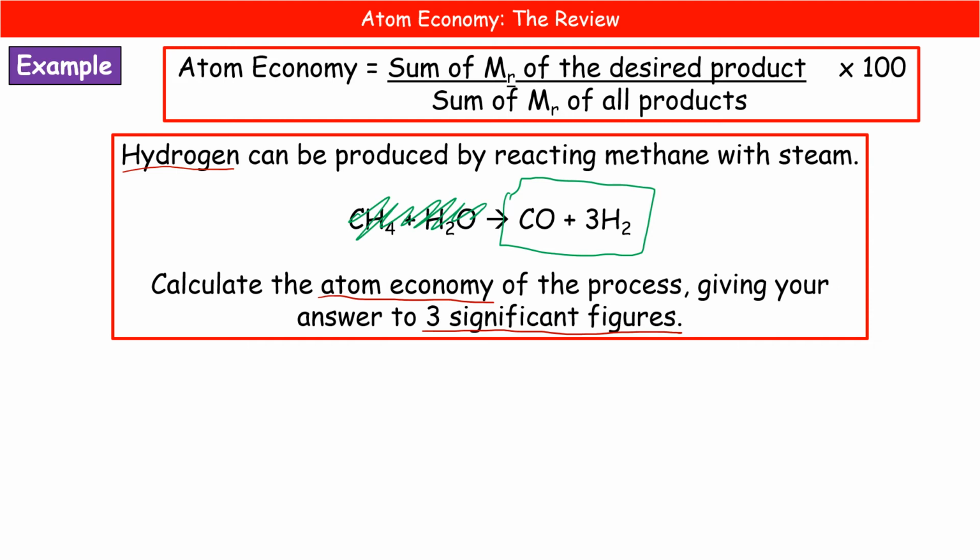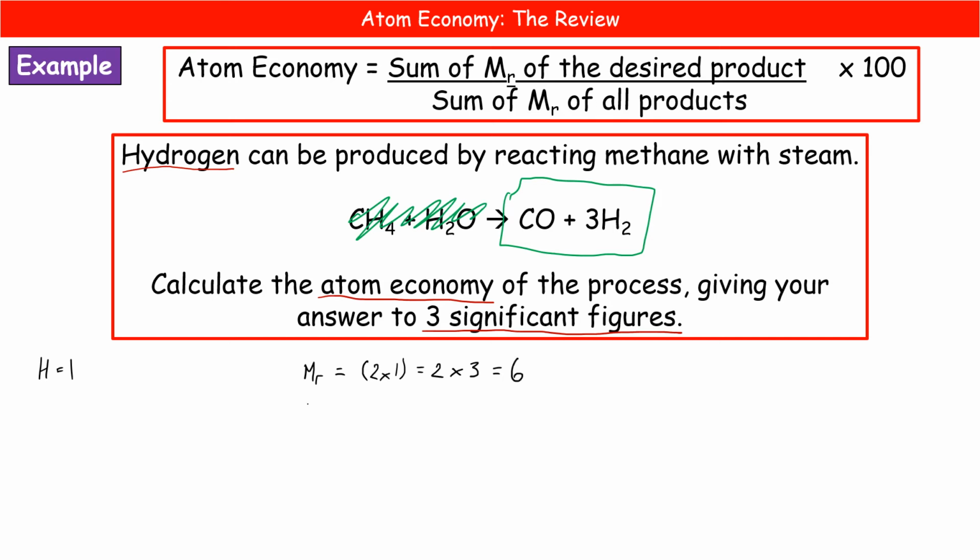First thing we need to do is work out our relative formula mass of the desired product, which is hydrogen. Hydrogen, hopefully we remember on the periodic table, has a relative atomic mass of 1. Therefore, hydrogen H2 is going to be 2 times 1, which is 2. And we've got 3 moles of it, so we need to times that by 3, which gives us 6.